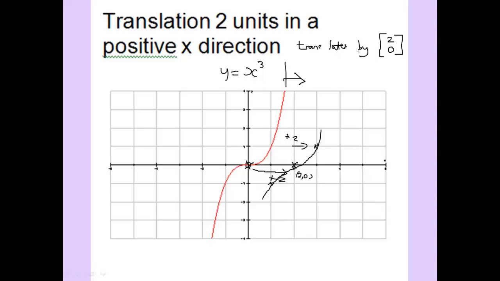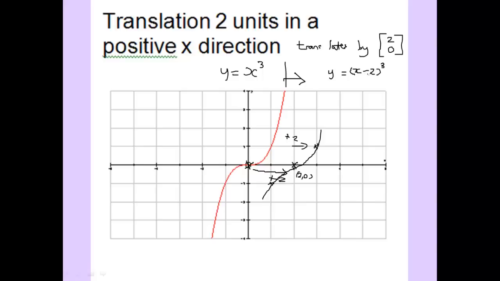And the effect that this translation has is to change y equals x cubed to y equals x minus 2 all cubed.